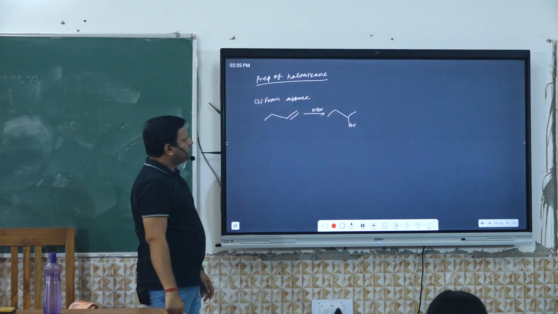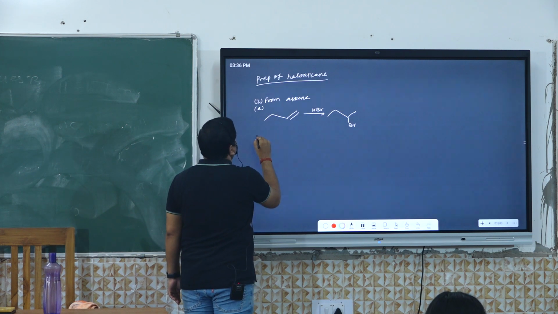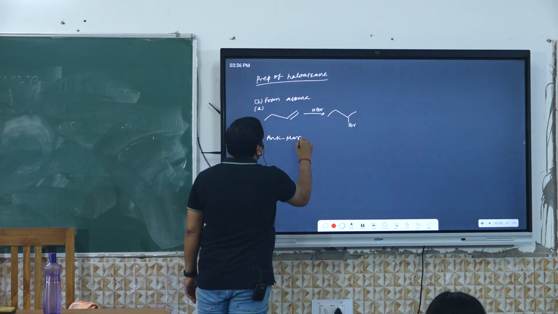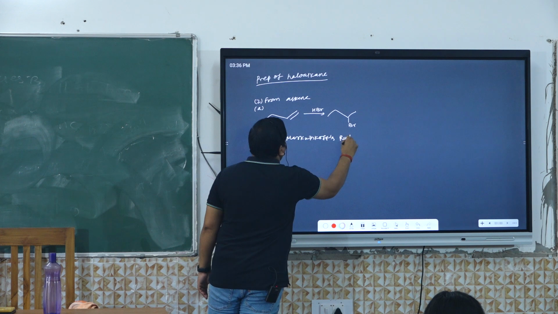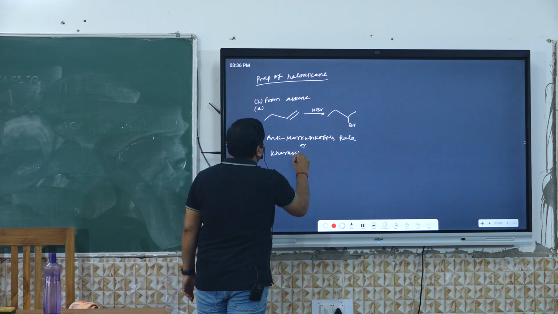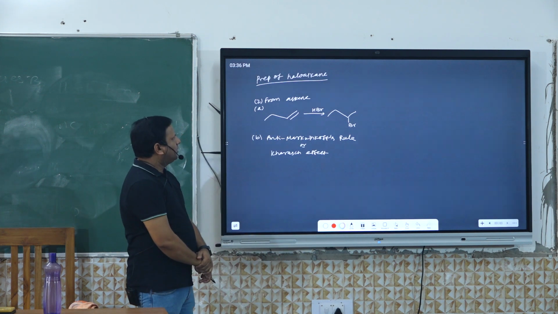Suppose this alkene, by following Markovnikov's rule. This is the first method. Second, anti-Markovnikov's rule or Kharasch effect.